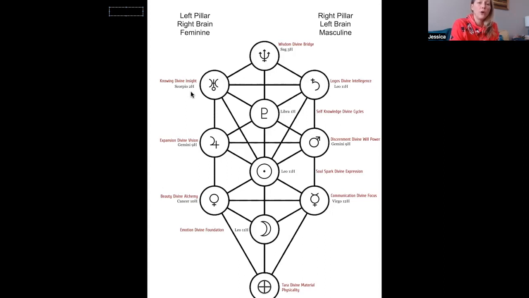Really strong knowing, or insight into other people's value systems, into what they're feeling, what the sensations are in their body. And then Scorpio here, divine insight is coming in through this very scorpionic energy, which connects again to water, to emotion.